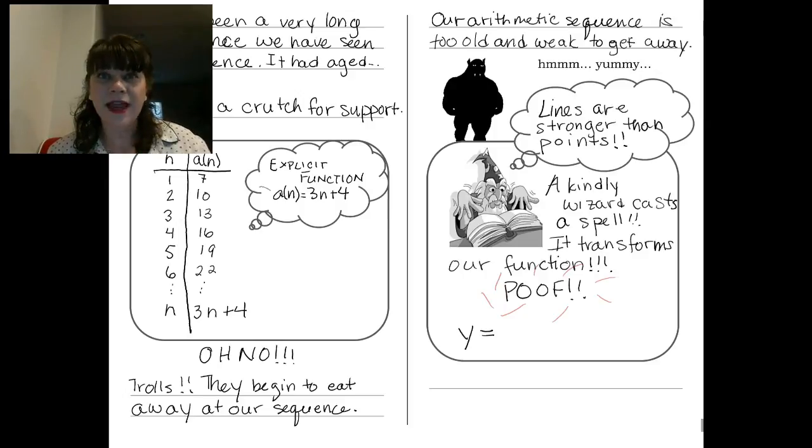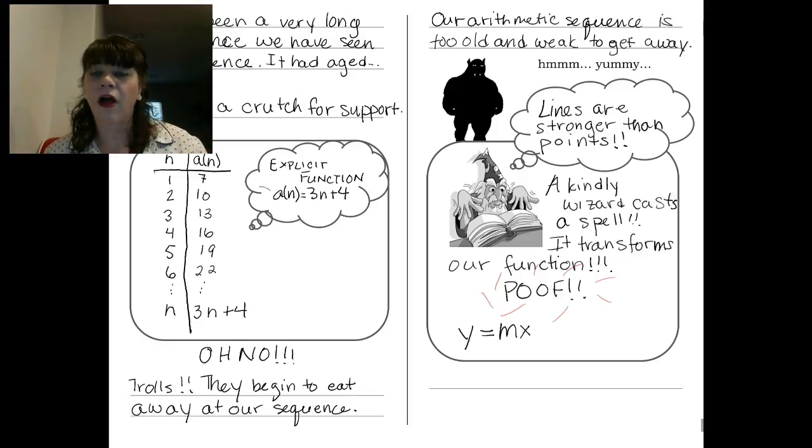All right, so I was saying that our function is no longer an arithmetic sequence. It's now a regular function, and we're going to use the letter Y. And now, instead of saying that 3 was our common difference, 3 is now going to be this magical, mystical letter M. And instead of N, we're going to have all the numbers. N is just the natural numbers, 1, 2, 3, 4, 5, 6, 7, and so on.